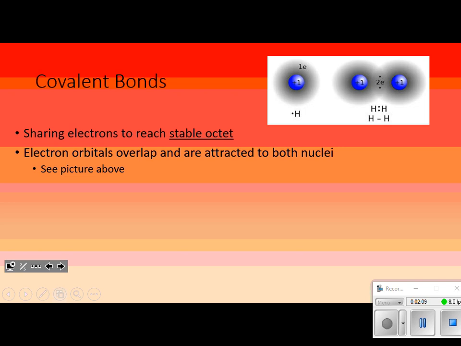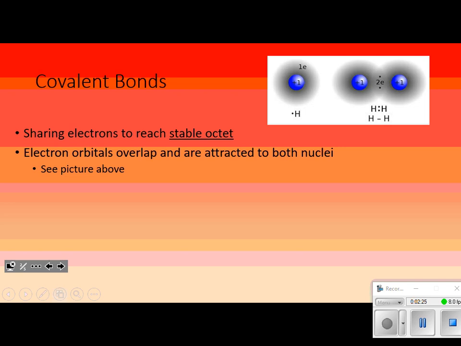And in doing so, you see in that picture that each hydrogen atom now has two electrons around it. One of its own, one from the neighbor. That makes it stable. It has a full outer shell.